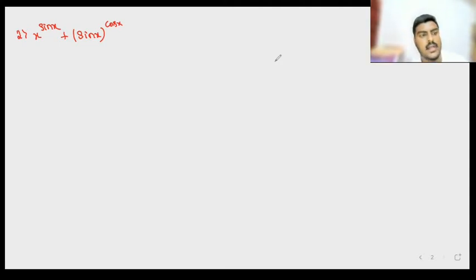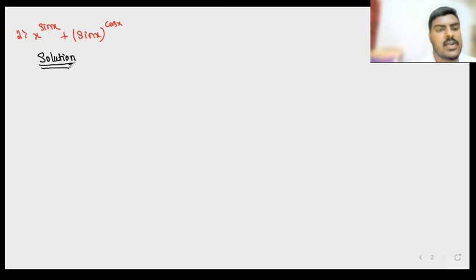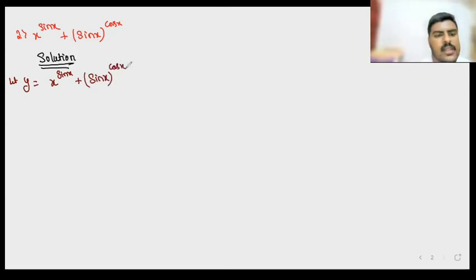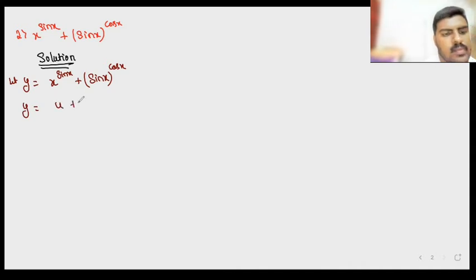Let y equal x power sine x plus sine x whole power cos x, you should take it. Got it now? So now we are taking y equal to u plus v.